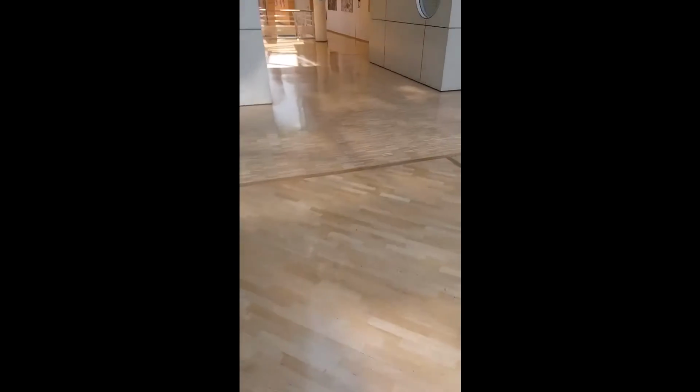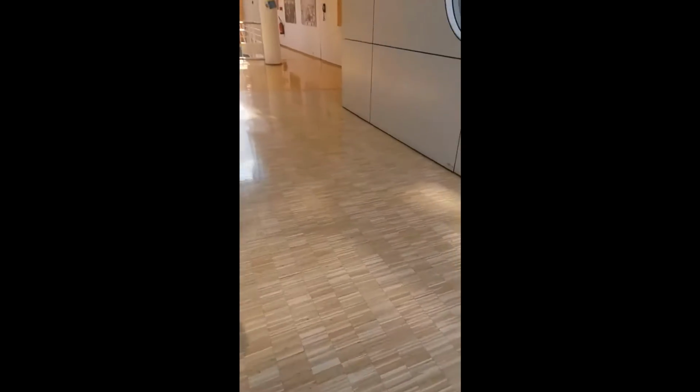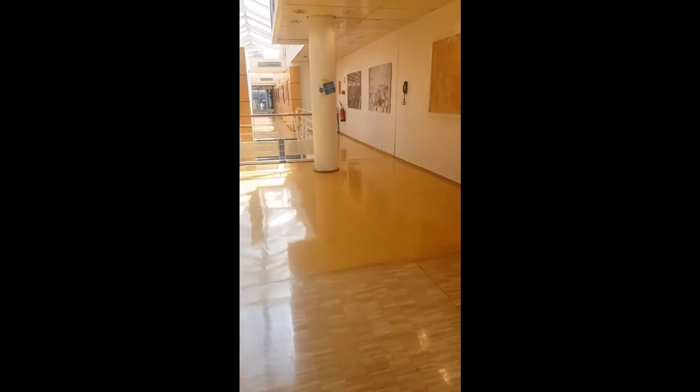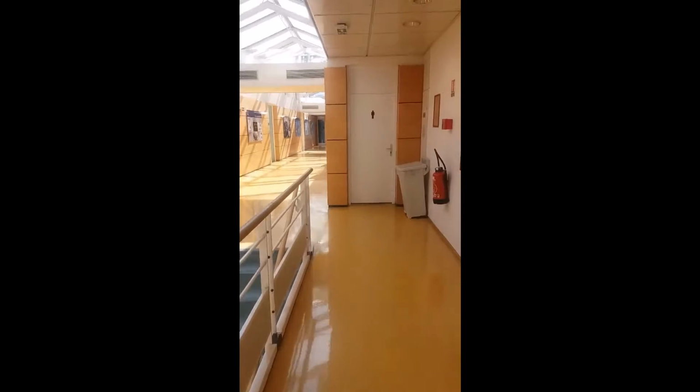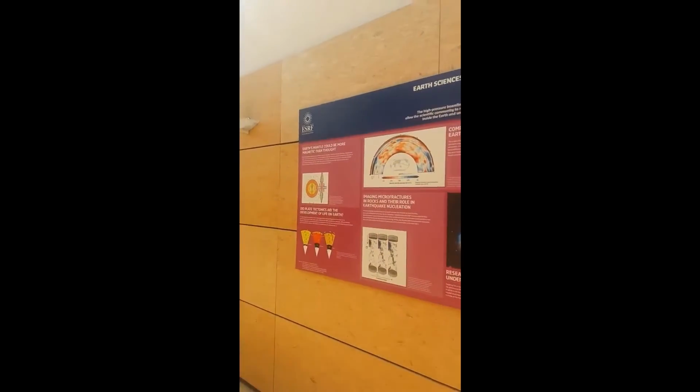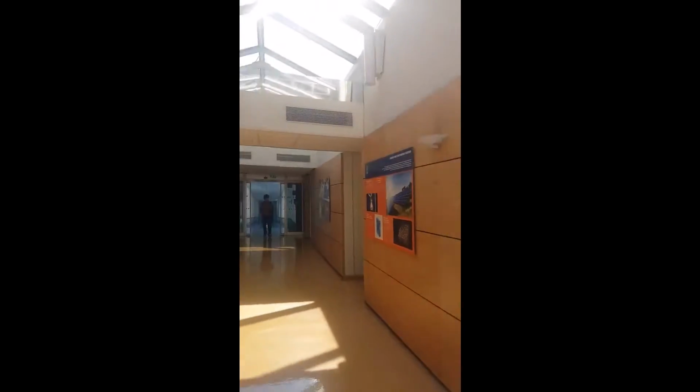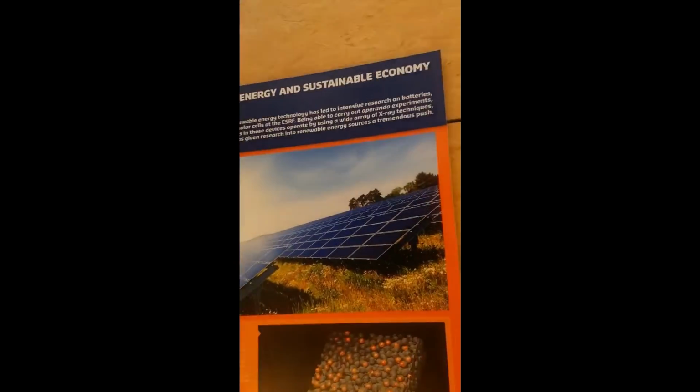And now we're going to approach the experimental hall. So all the way here is full of posters explaining all the different applications you can do of synchrotron, on material science, earth science, climate, cultural heritage, energy, health, innovation and biology.